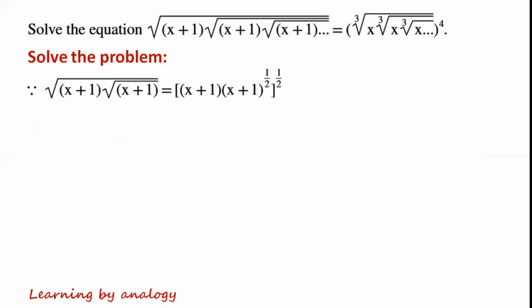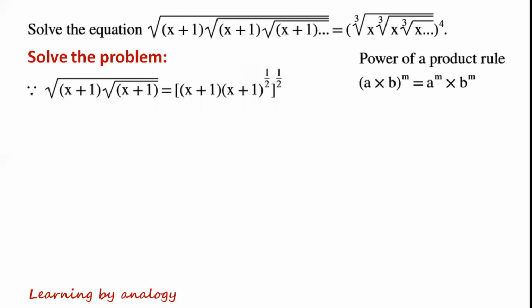Because root of x plus 1 times root of x plus 1 equals x plus 1 times x plus 1 to the power of a half, all to the power of a half.